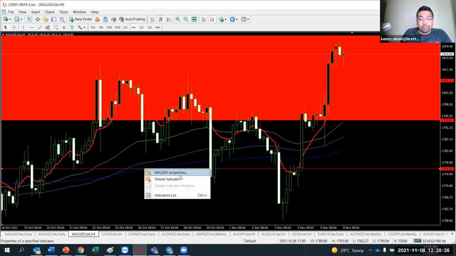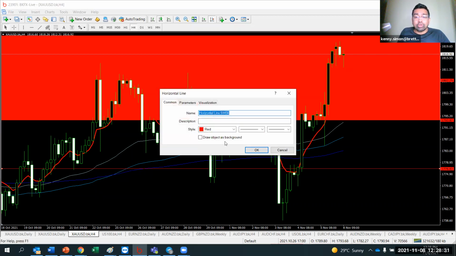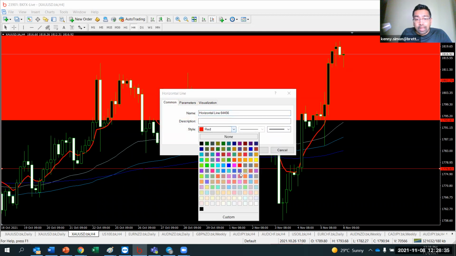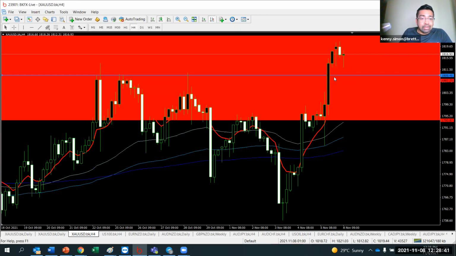Give me a second, and we shall change the color of the horizontal line right there and make it a little thicker and more obvious, perhaps a blue to mark a resistance potential right there. Okay, so previous resistance, potentially a support at this moment of time.